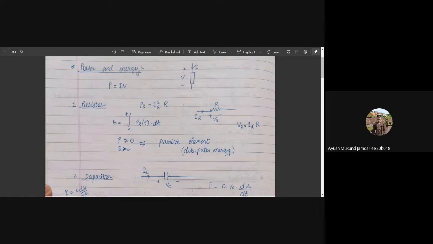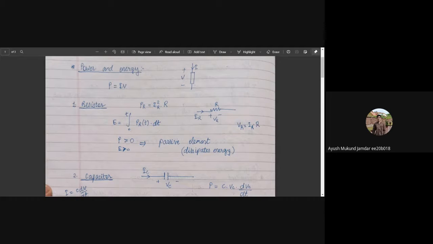As you can see in the diagram, voltage drops along the direction of current in the particular circuit element. The plus and minus signs for voltage symbolize the higher and lower potential, that is, the potential difference across the circuit element, and the arrow on the wire represents the direction of current going through it. Okay, so this was all about the sign convention.